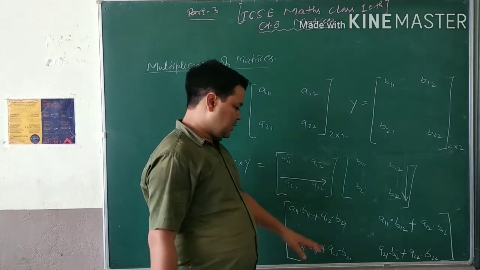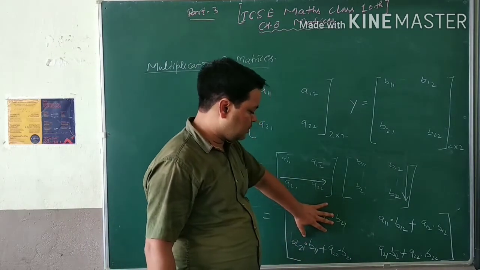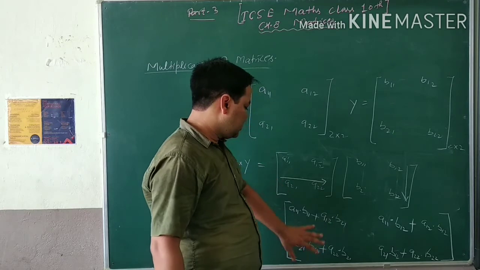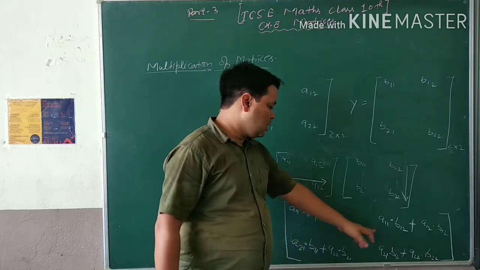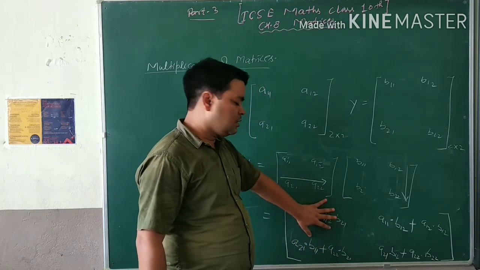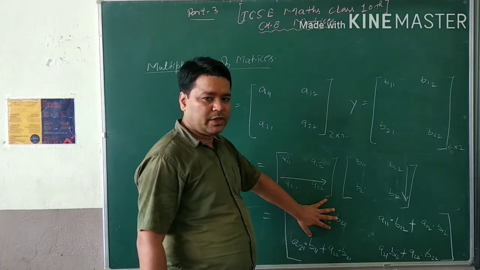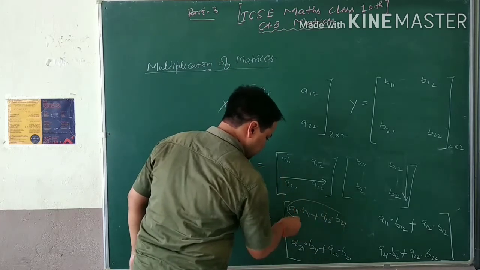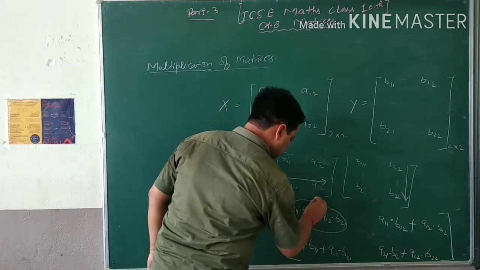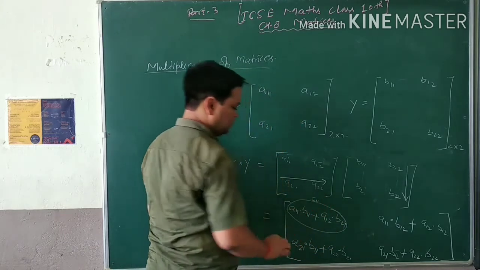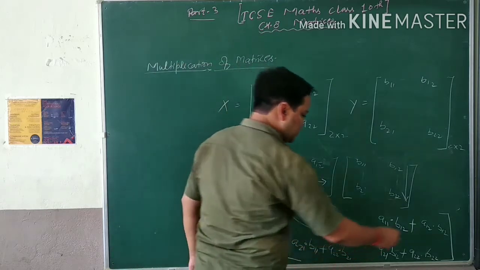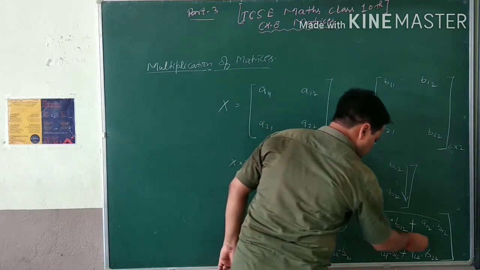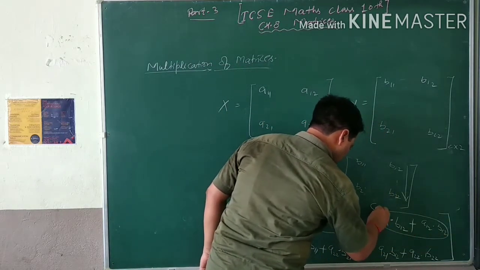Okay. Then this will give one element. Means this will give the first row and first column element. Let this be C11. Let this be C12.